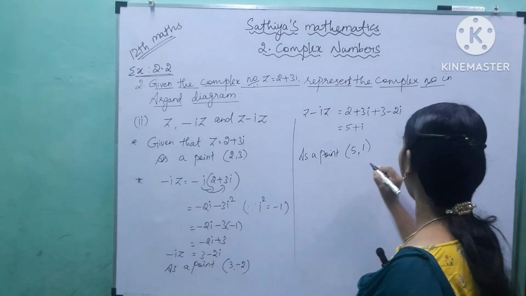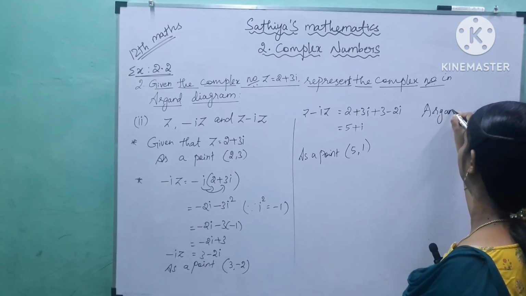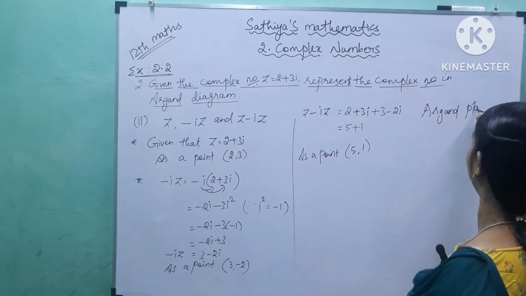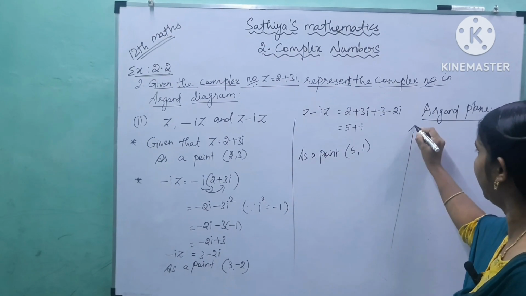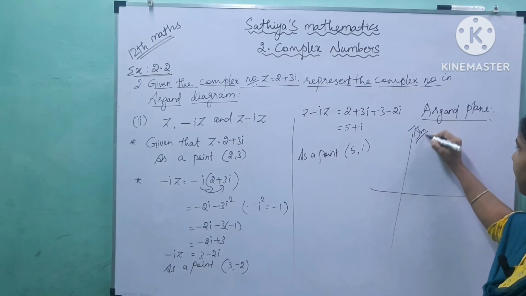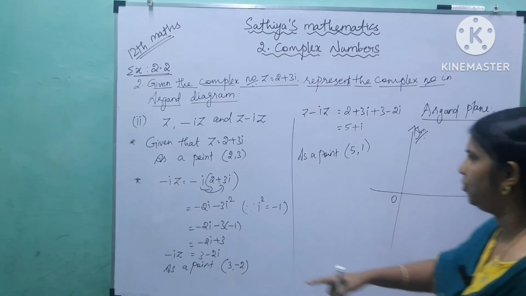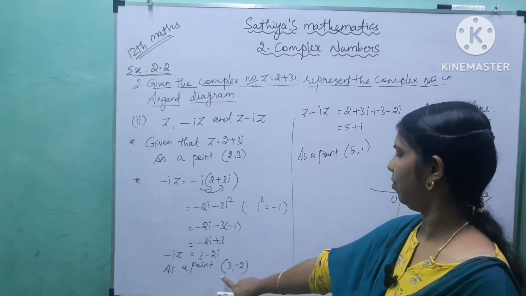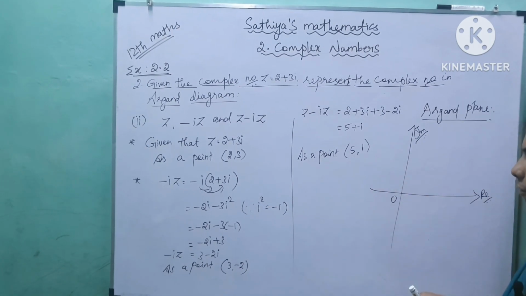Next we can plot it in the Argand plane. The x and y axes, that is the real axis and imaginary axis, and this is the origin. First point 2, 3, second point 3, minus 2, and third point 5, 1.